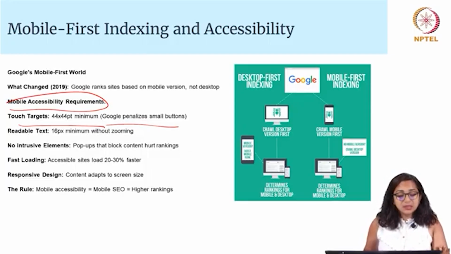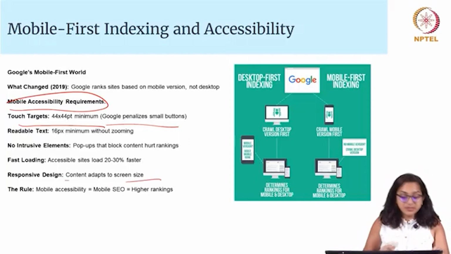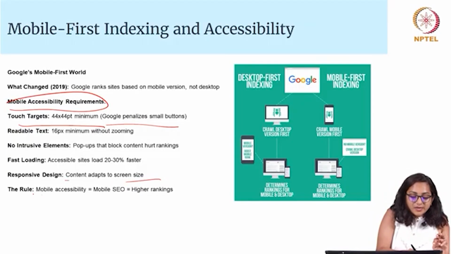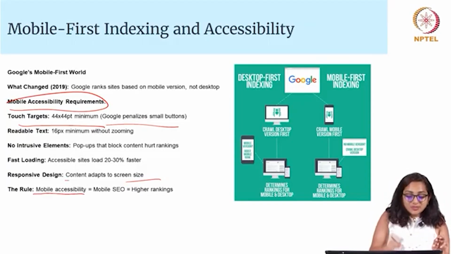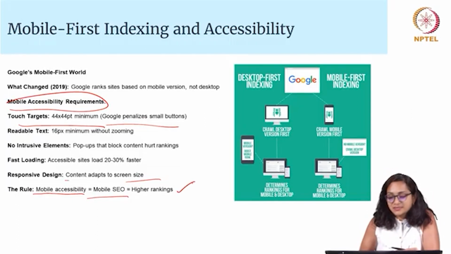Readable text, non-intrusive elements, so pop-ups that block content, they hurt rankings. Fast loading, so accessible sites automatically load faster. Responsive design, so content that adapts to screen sizes gets better rankings. So that means mobile accessibility is equal to better mobile SEO and hence higher rankings.